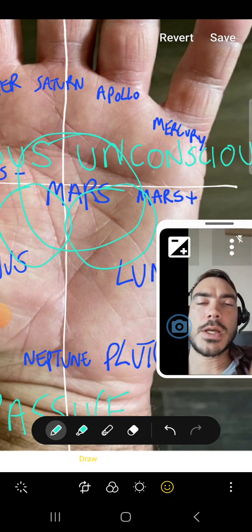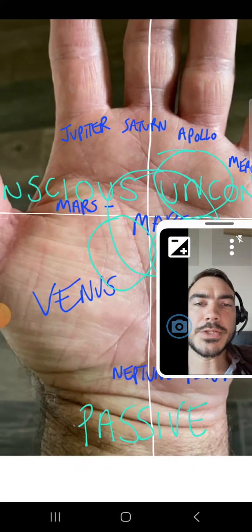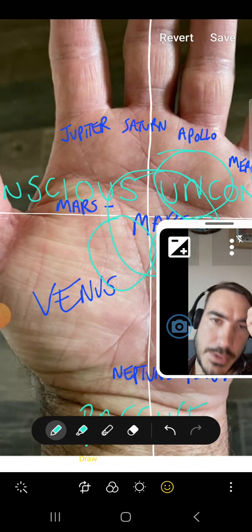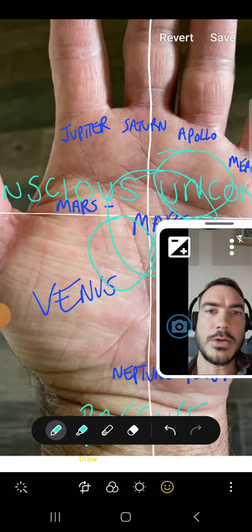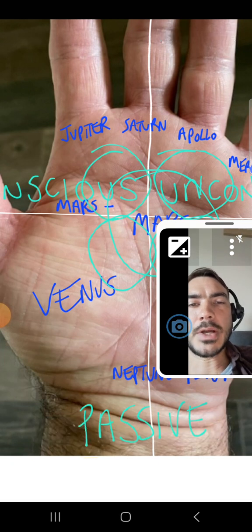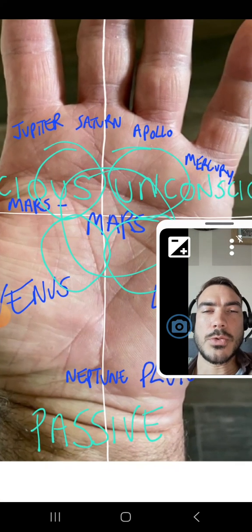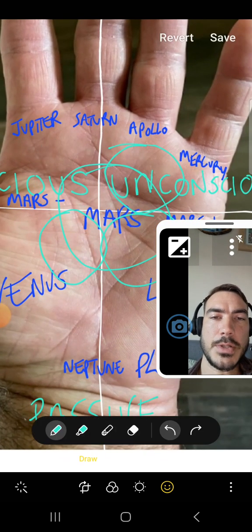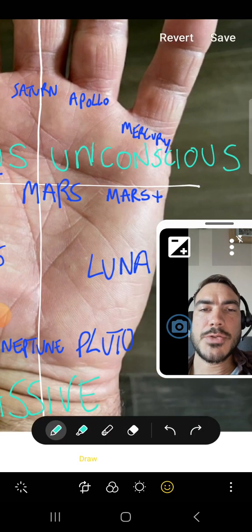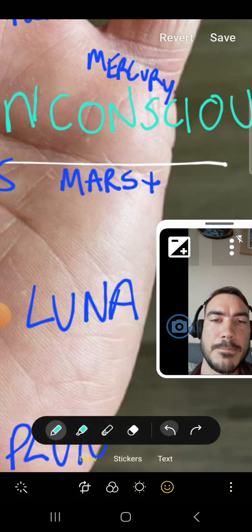It's how we show and reveal ourselves in social settings, and it's also how we develop ourselves socially as well. So it's all of those things combined. And Mars positive, as I've said, it's about planning.